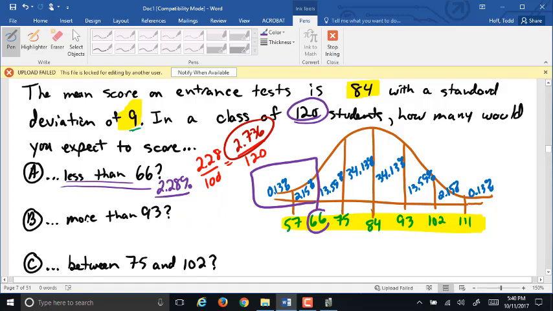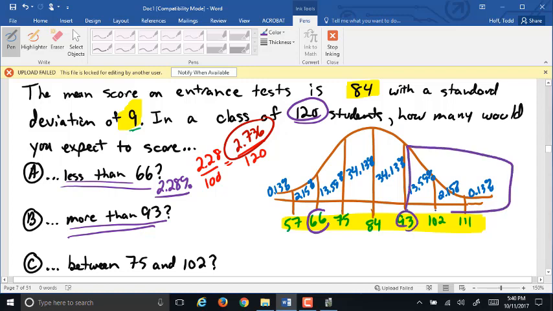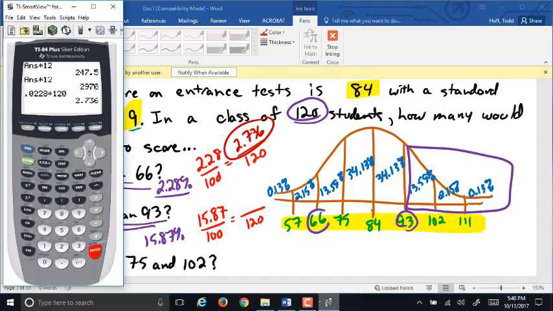So then the second part, more than 93. So I'm going to erase this. Here's 93 right here. More than is on this side. So we add those all up, and it's 15.87%. So to find how many that is, 15.87% is 15.87 over 100. We need to know how many that would be out of 120.